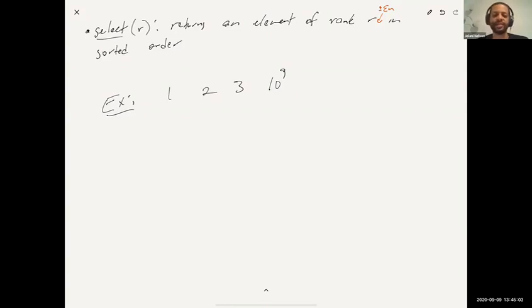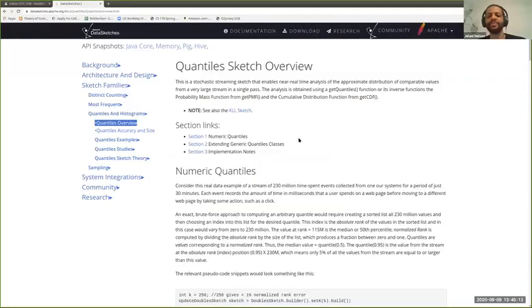In fact, if I share my screen, this is a very popular open source library for the implementation of various sketching algorithms. One of the things they implemented is a version of the KLL sketch. It's actually a very new algorithm, from 2016.